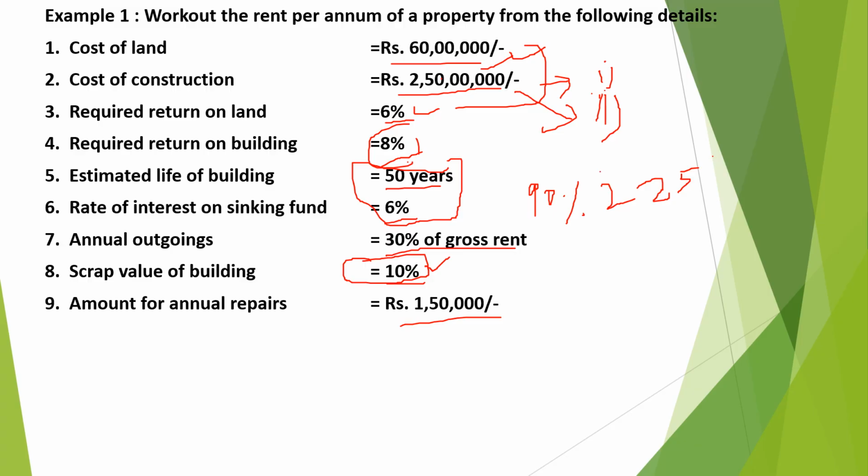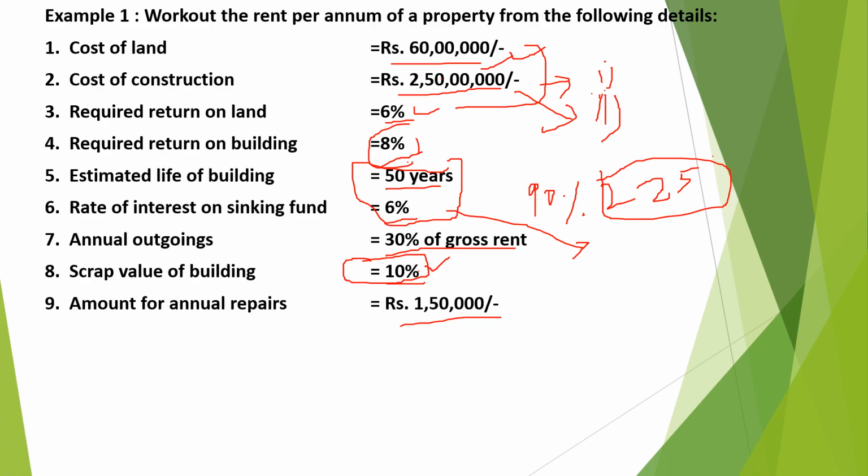This is the 90% sinking fund you have to accumulate. So you will calculate the amount of annual sinking fund by using these things: life of the building, scrap value, and the cost of construction.